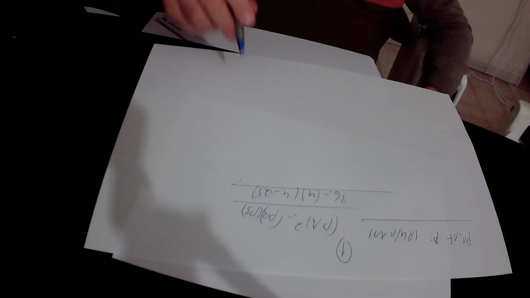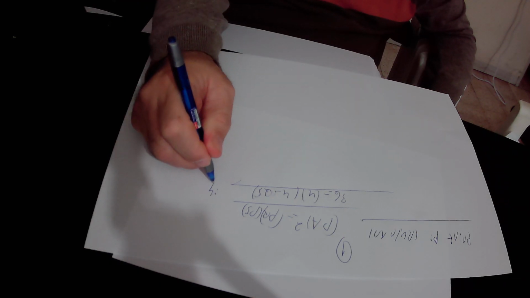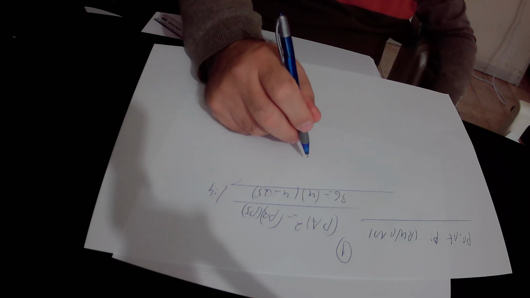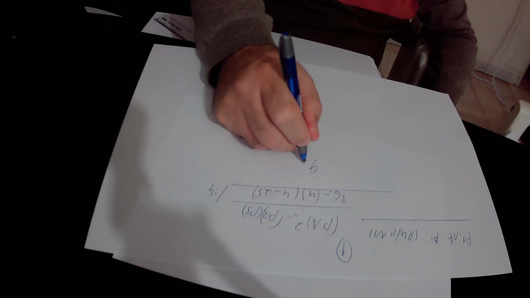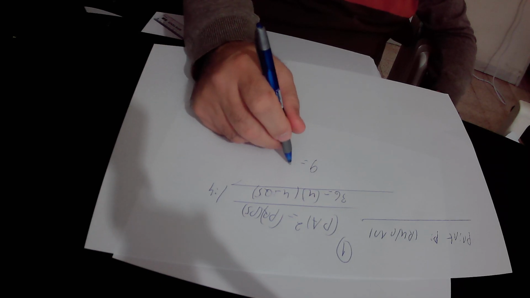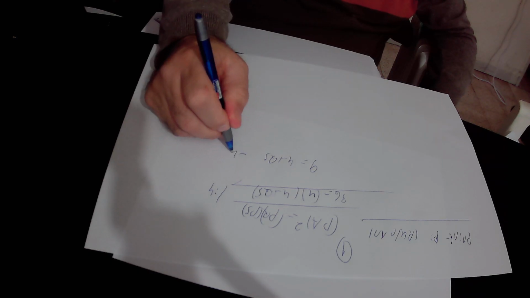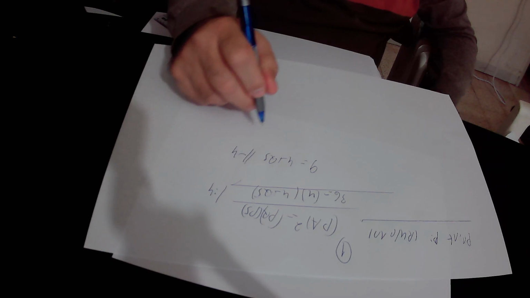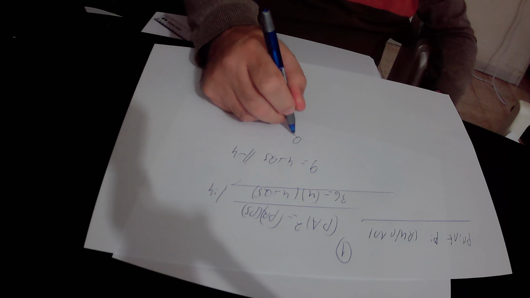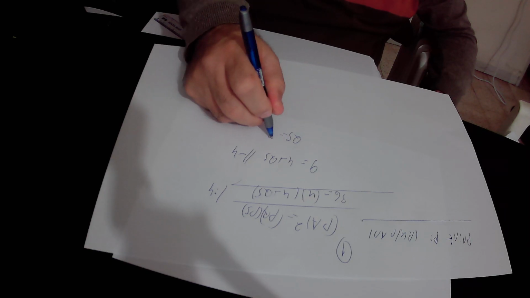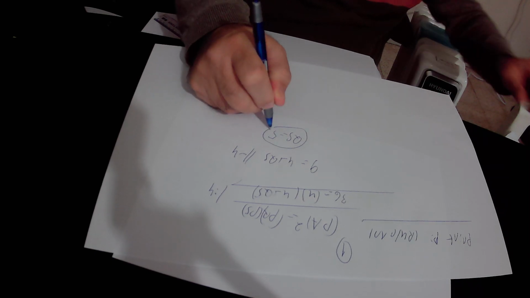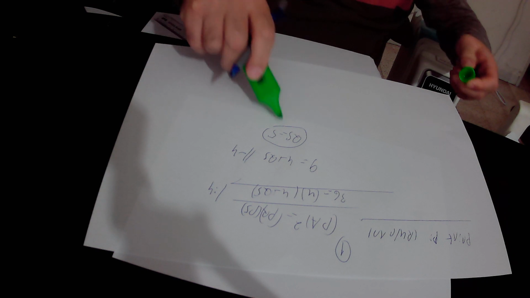Here we divide this equation by 4, and we get that 36 over 4 is 9, so 9 equals 4 plus QS. Here we subtract 4 from this equation, and finally we get that QS equals 9 minus 4, that is 5. So QS equals 5 units in length.